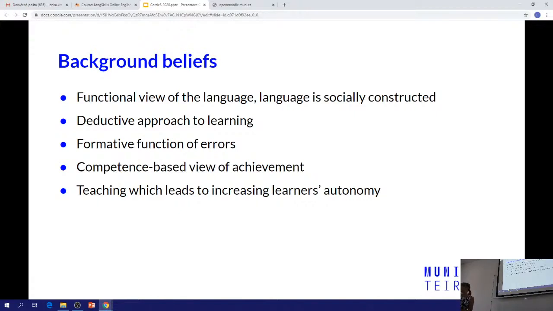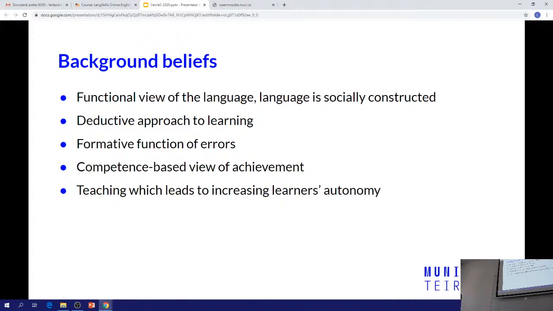It's also the view that language is socially constructed, so it differs based on the situation and the environment. This is an issue that we feel, after having the experience with deaf and hard of hearing students, that it's quite important for this particular group.